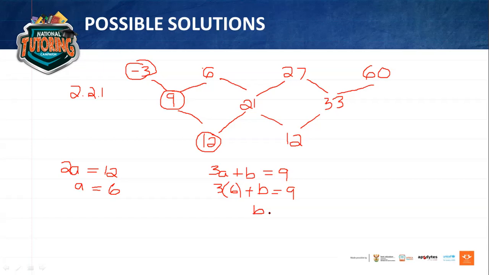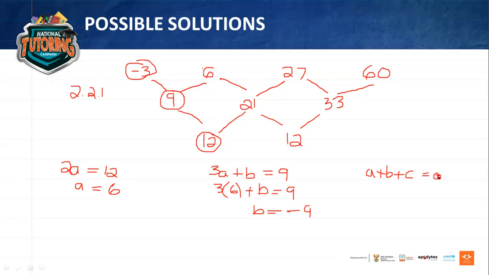Then you say 9 minus 18. I think the answer works out to be minus 9. The last step, the first term of the quadratic sequence becomes a plus b plus c. A plus b plus c is equal to minus 3. There is our minus 3.